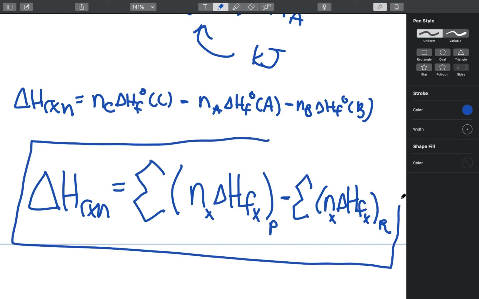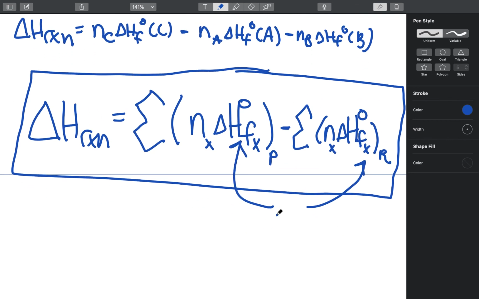So this would be the equation that you can use to find the heat of reaction using standard heats of formation. But recall though that we can only use the standard heats of formation when we are under standard conditions, so 298 Kelvin and 1 atm of pressure. Now, you will generally be under standard conditions for general chemistry, and when you go outside standard conditions, that is outside the scope of general chemistry.